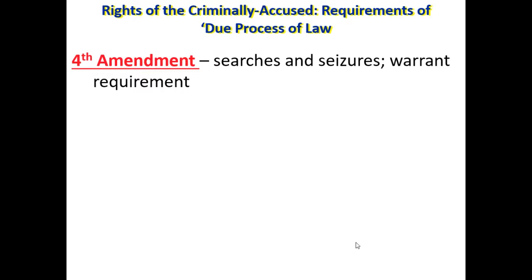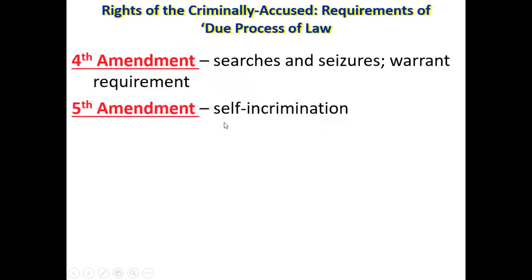Okay, so the 4th Amendment, and we're going to look at the specifics of each of these in just a second, generally deals with searches and seizures and the requirement for a search warrant. The 5th Amendment has about half a dozen specific provisions in it, but specifically the provision against self-incrimination that we're going to be interested in exploring in today's class meeting and then into next week.